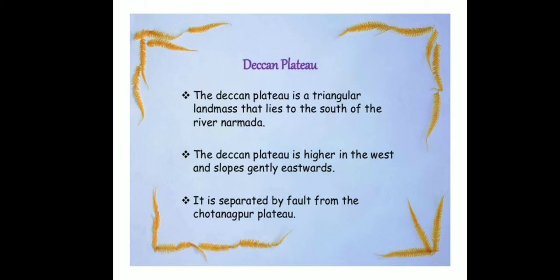After that, we have the Deccan Plateau. The Deccan Plateau is a triangular landmass that lies to the south of the river Narmada. That means the shape of this Deccan Plateau is triangular. The Deccan Plateau is higher in the west. That means it has more height in the west direction and slopes gently eastwards.